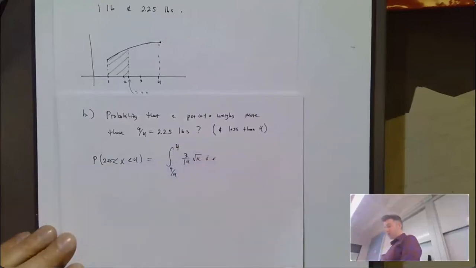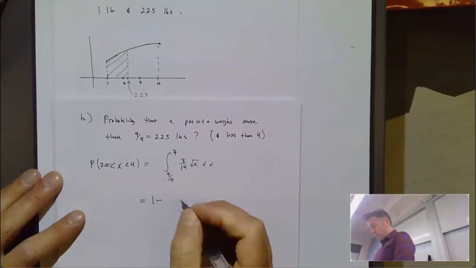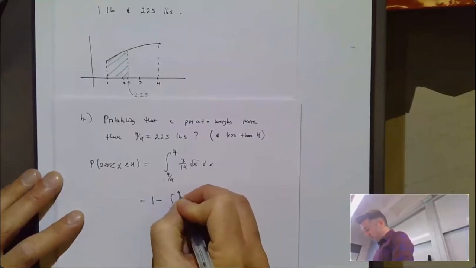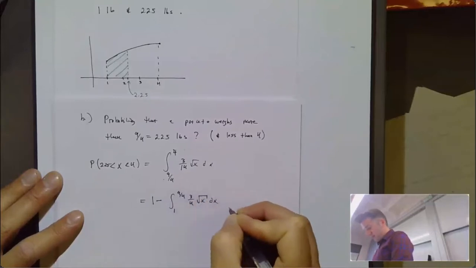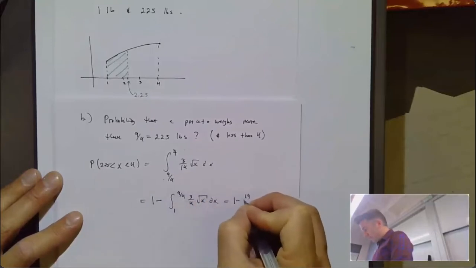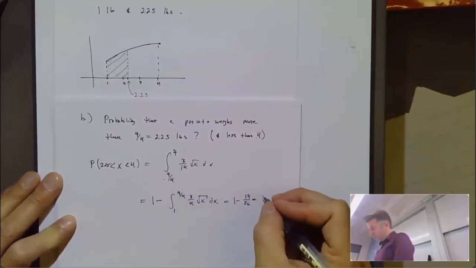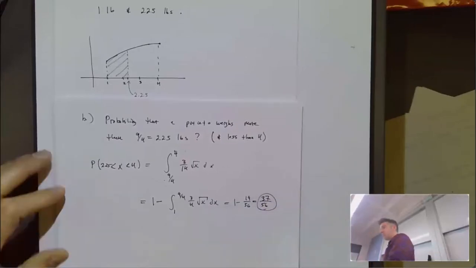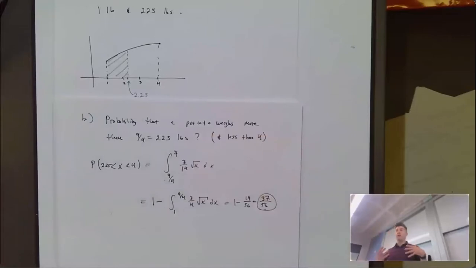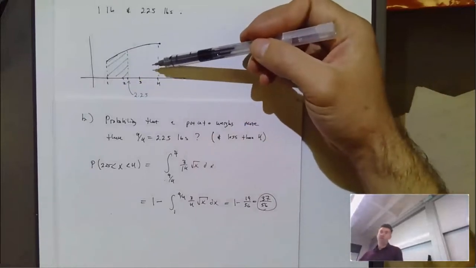And since we've already done the work, it'd be easier just to say, oh, it's going to be 1 minus the integral we already did, which is going to be 1 minus 19 over 56, which is what? 56 minus 19 is going to be 37. So, right, if you know the area under the curve is equal to 1, and you have found this area and you want to find that area, you just subtract it from 1.